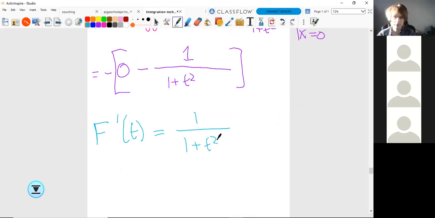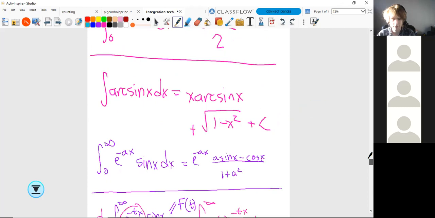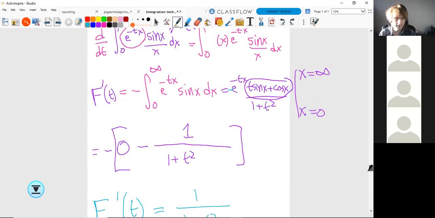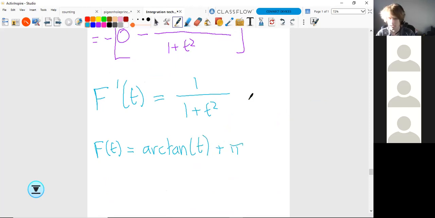And this is actually much easier to integrate than the thing that we started with, you may or may not notice. We know that the integral of this is arctan up to a constant. So we need to find this constant.